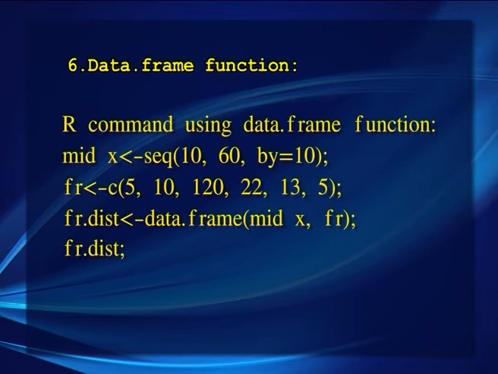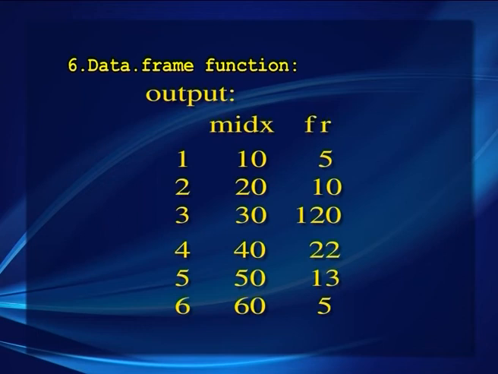Frequency distribution: fr.dist assignment operator data.frame(mid.x, fr). Then if we type fr.dist, we get the output. We see in the output the first column 1, 2, 3, 4, 5, 6, the second column mid.x and the third column fr. So the data is entered into the R program.